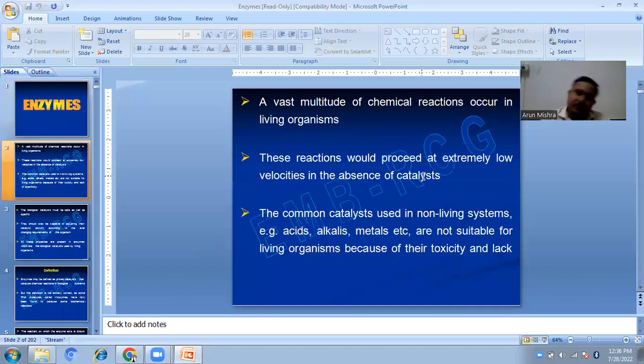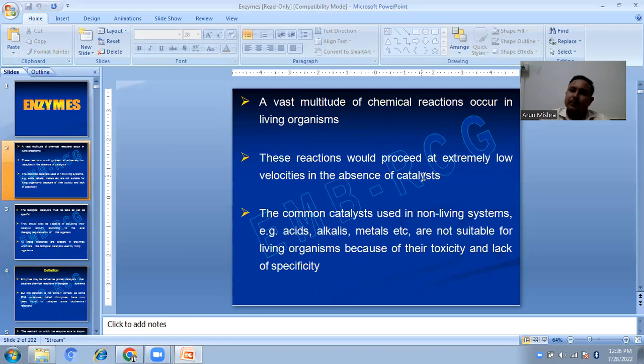Their main function is to catalyze a biological reaction, and only their presence allows a metabolic process to occur. These enzymes, when blocked or inhibited, can act as certain drugs, and they can be used as diagnostic tools also.